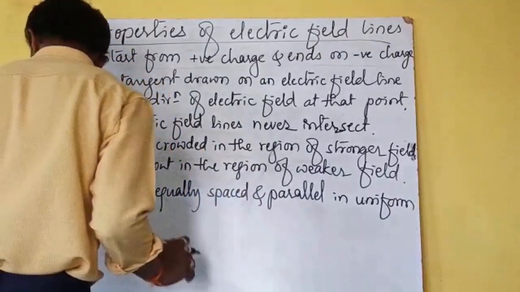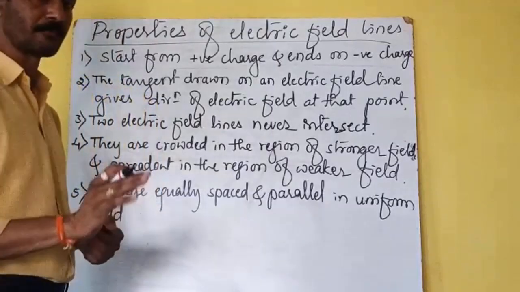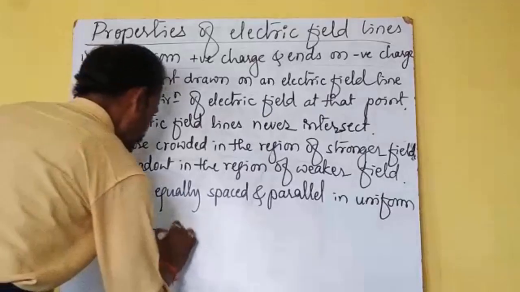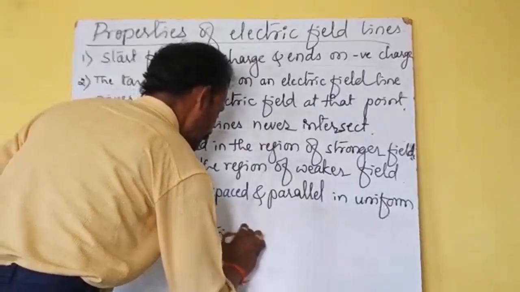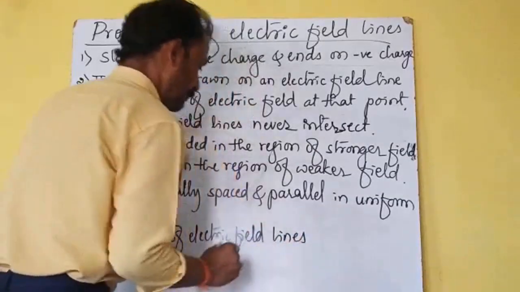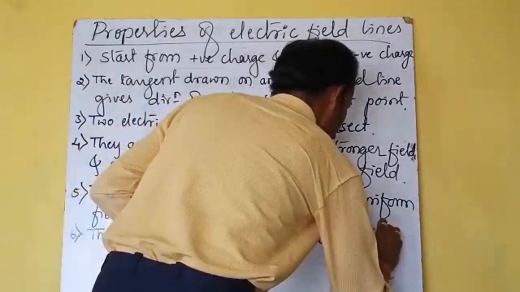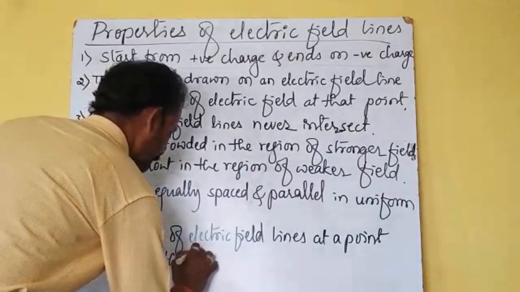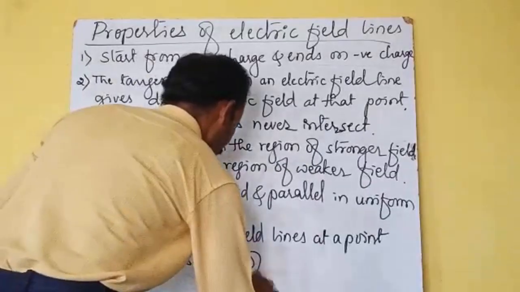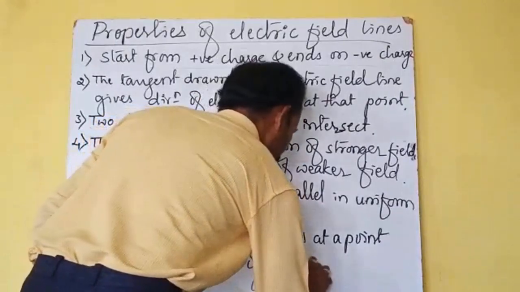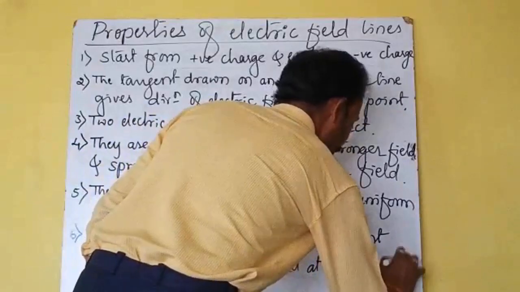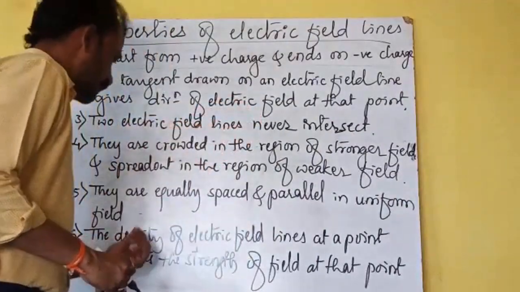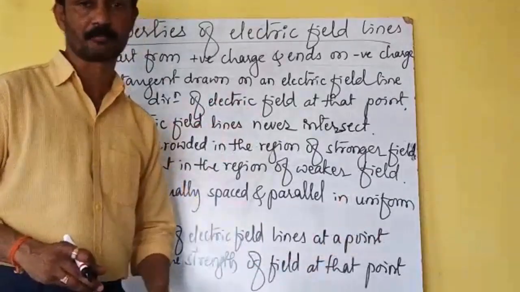This is the sixth property. The more the electric field lines are crowded, so their density is more, the strength of the electric field at that point is more.